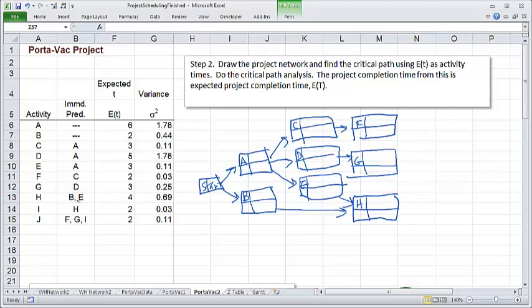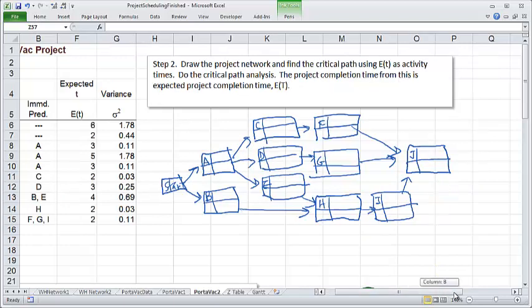And I has H as its predecessor. And J has F, G, and I as its predecessors. And that's it. So J must be the final activity.